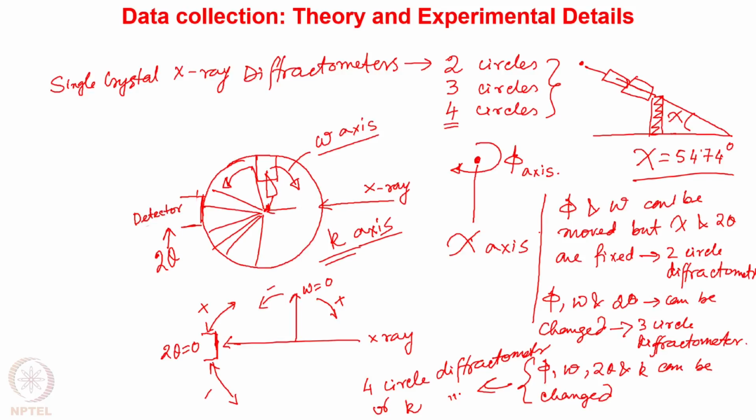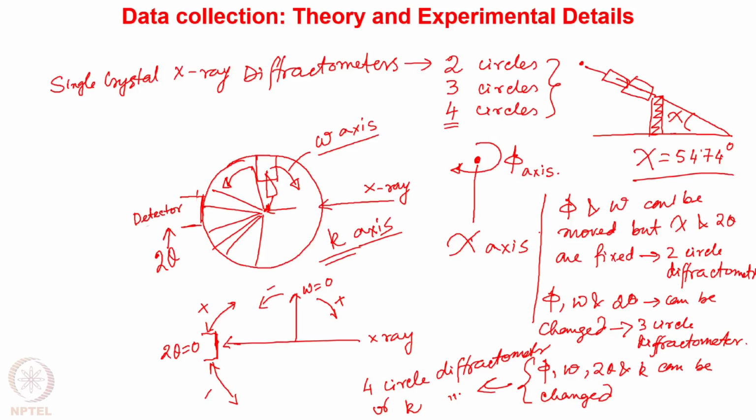What are the technical differences between these? When we have a 2-circle diffractometer, we are restricted in 2 angles. We cannot change the detector 2 theta, we cannot change the kappa or chi. So in that, what happens is we cannot record any diffraction data beyond the fixed 2 theta value.